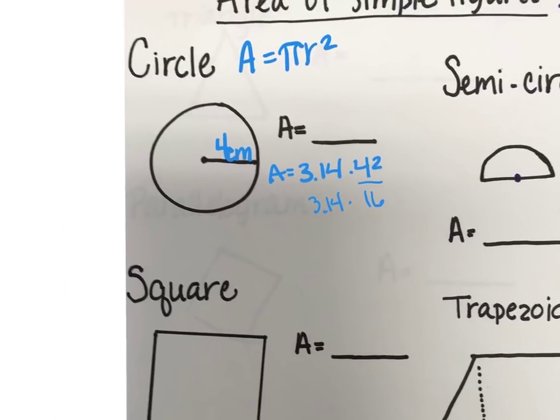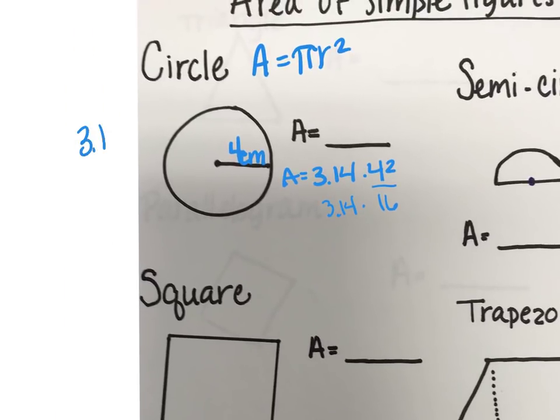So I'm going to come over here because I have a little bit more room and multiply those two numbers. I got 6 times 4 is 24, carry your 2. 6 times 1 is 6, plus 2 is 8. And then 6 times 3 is 18.